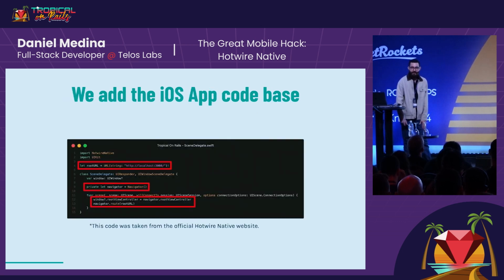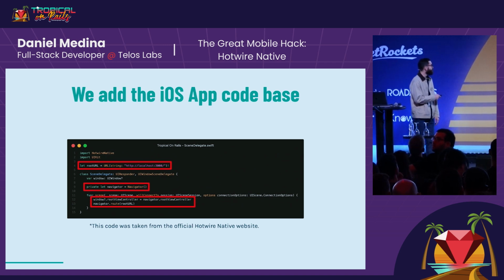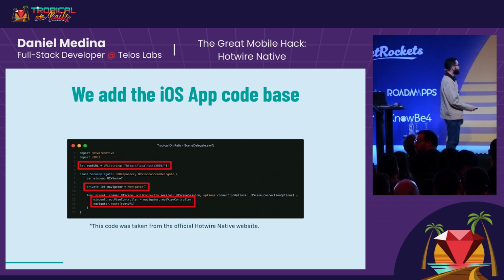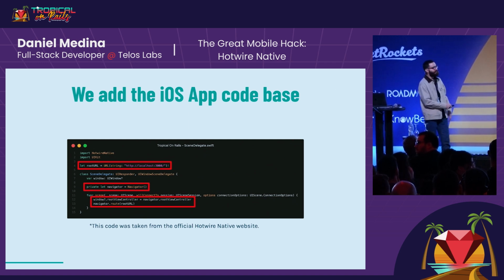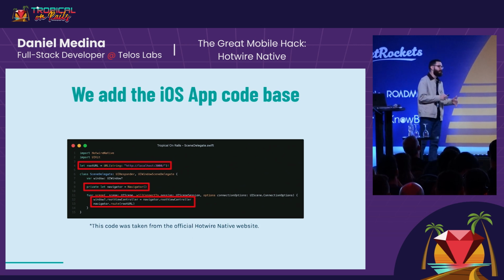Then we need to add the code. This is in Swift. I set up a root URL with my famous localhost, and then I have to create the navigator. The navigator is the main interface that interacts with Hotwire Native.